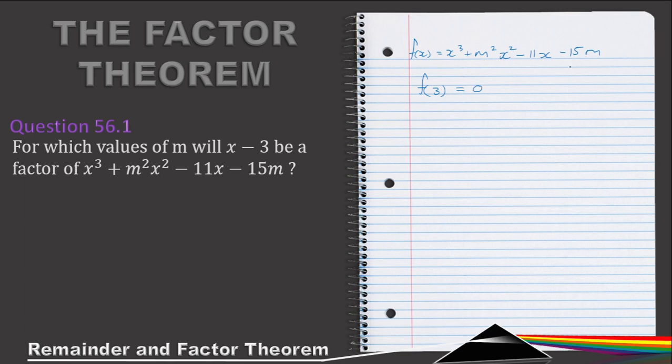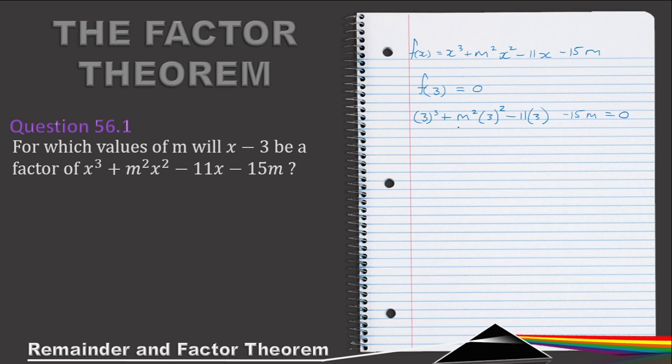So I'm going to substitute in 3 and then equate to 0 and solve for m. So 3 to the power of 3 plus m squared times 3 to the power of 2 minus 11 times 3 minus 15m equals 0.